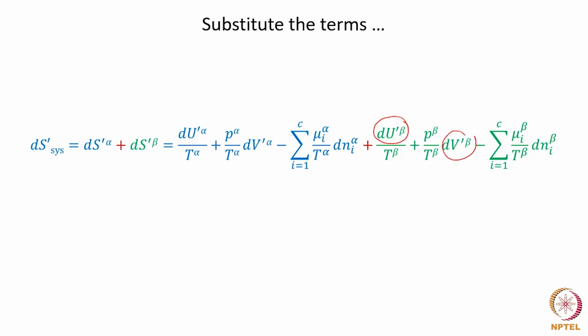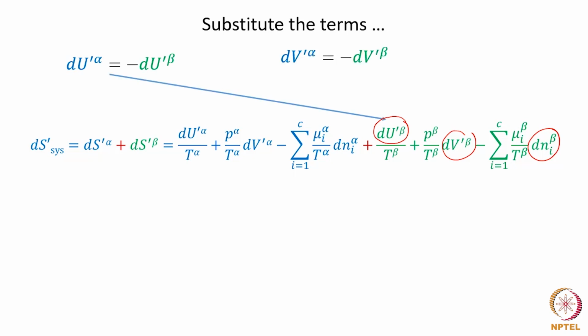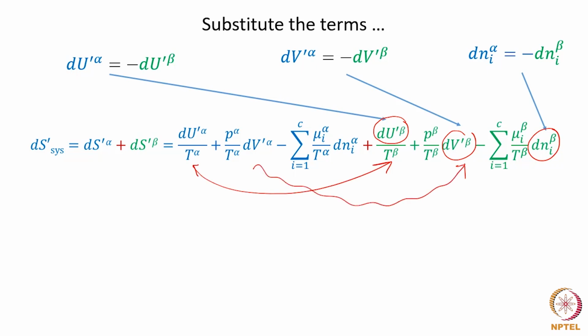We have dU alpha equal to minus dU beta, so we substitute for dU beta, and dV alpha equal to minus dV beta, so we substitute for dV beta, and dn_i alpha equal to minus dn_i beta, so we substitute here for dn_i beta. We are able to see there is something common among these terms. We see that these two terms have something in common, so we can gather them together. Similarly, these two terms can be gathered and the summation terms also can be gathered.